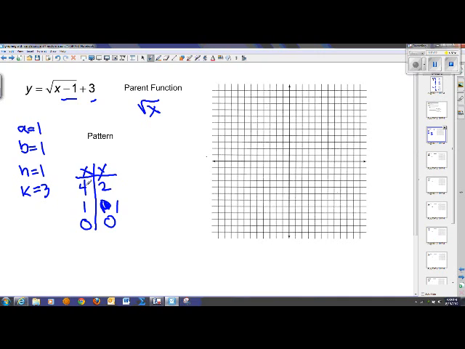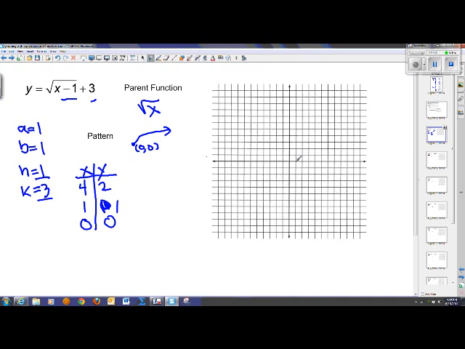Now, if we go back and think about what our parent looked like, it looks something like this, where our origin was at 0, 0. Now, translations mean every point on that graph is going to move. Well, I'm going to move the origin. I'm going to move it 1 to the right and 3 up.